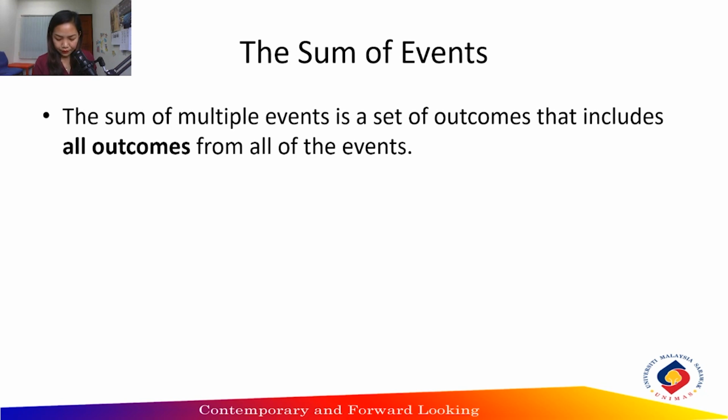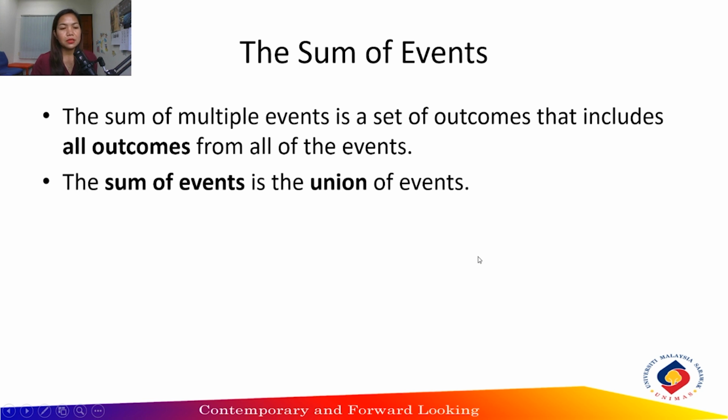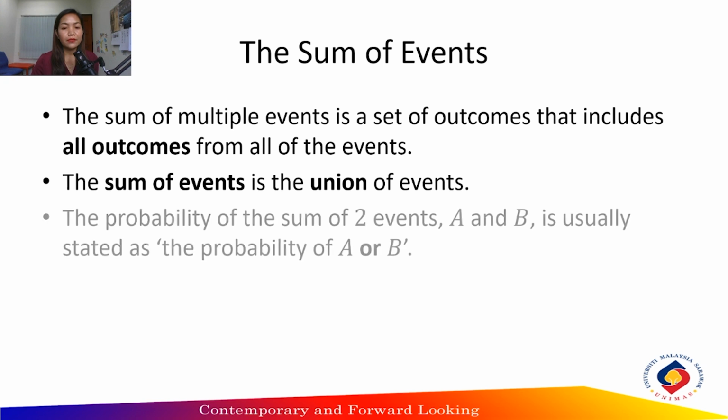The sum of events. The sum of multiple events is a set of outcomes that includes all outcomes from all of the events. So the sum of events is actually the union of the events.